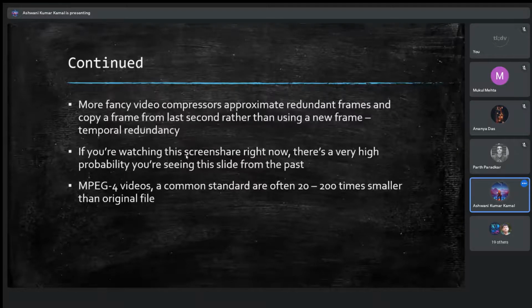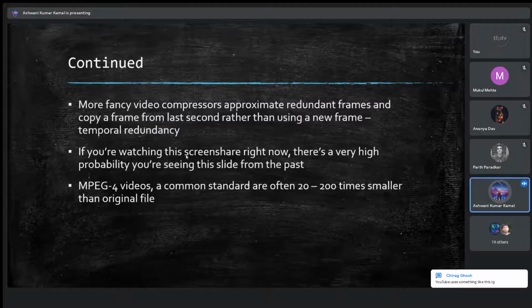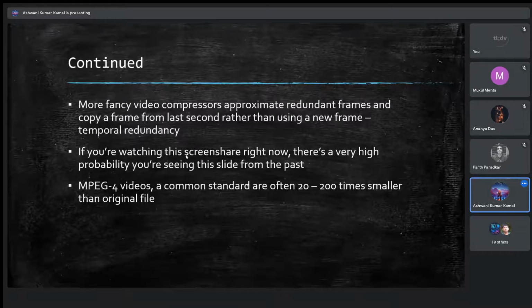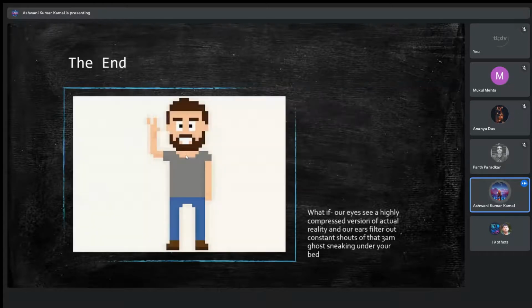There are many fancy algorithms which try to approximate how frames are occurring. So rather than assigning a new frame to a new memory location, if there are not many changes in the frames, they use the previous one in the present. And as a common standard, MPEG4 videos are often 20 to 200 times smaller than the original file.